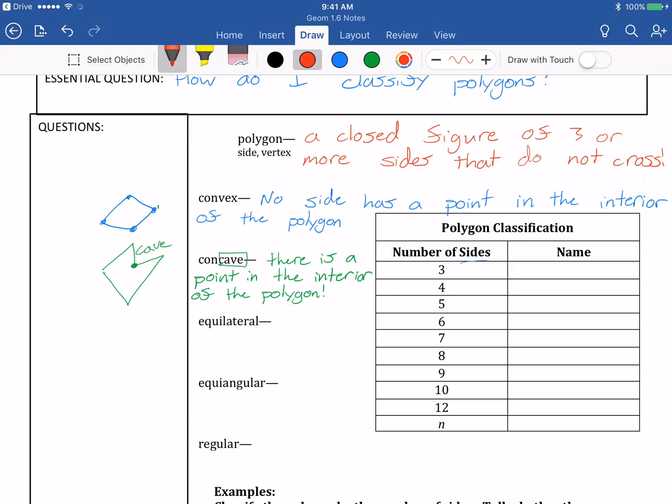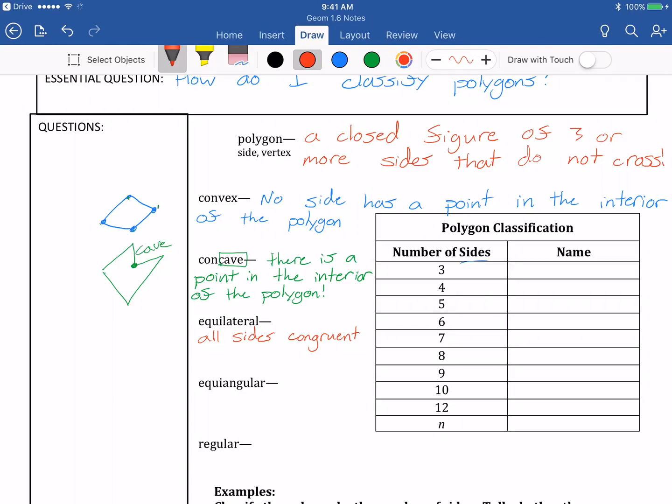We have equilateral. An equilateral polygon is a polygon that has all sides congruent. Okay, so that means that all sides have the same length. Perfect. Equiangular, whoa, I can't pronounce that one myself.